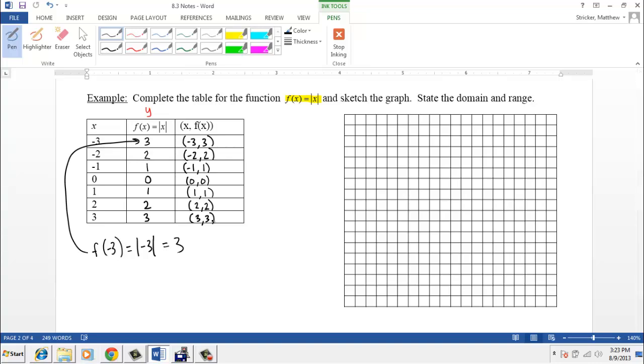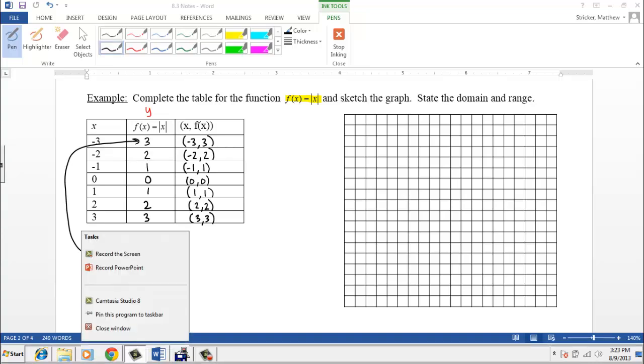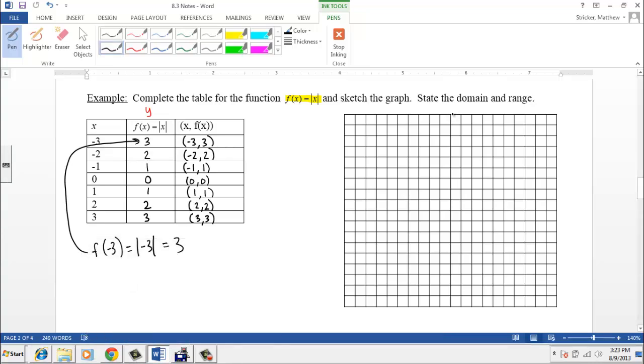And these are points that are solutions to the absolute value function f of x equals the absolute value of x. And so I'm going to go ahead and put them on a graph here. And let's see what kind of shape this thing has. And we go ahead and put our points on.